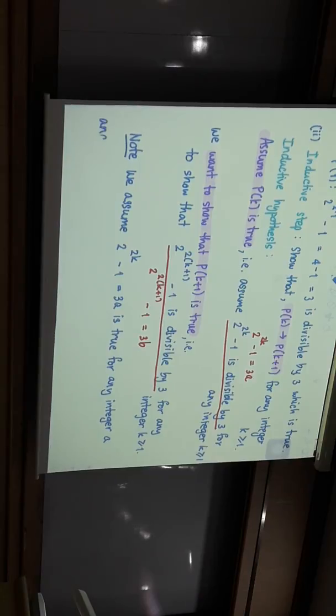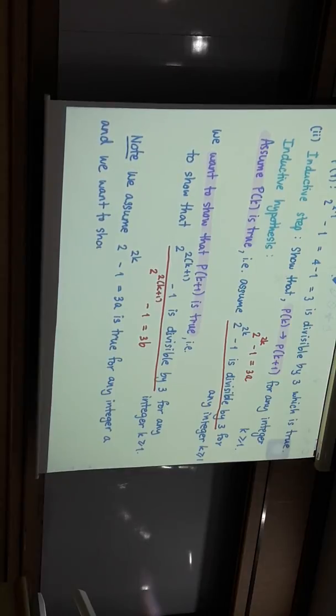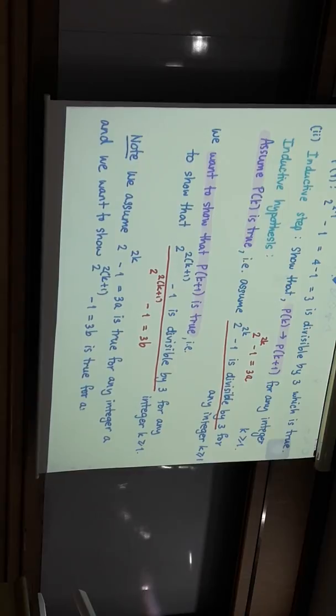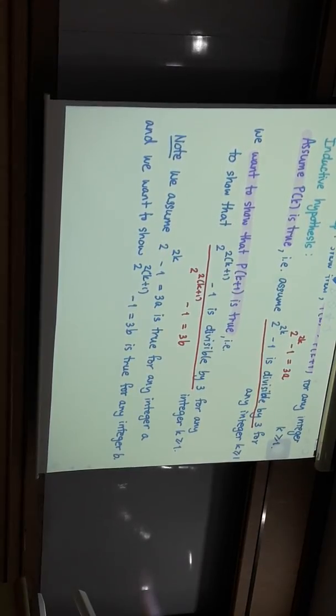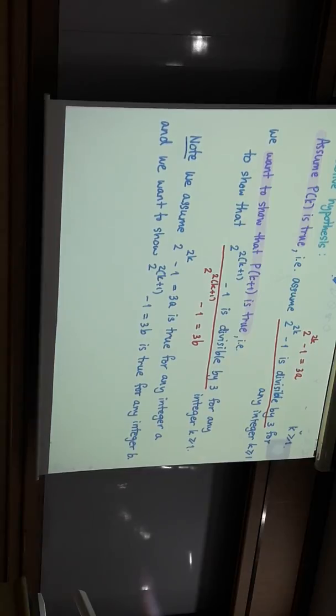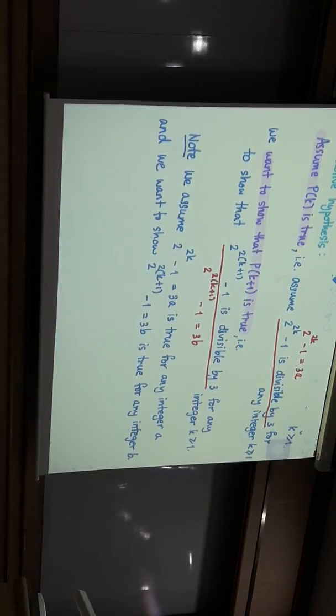And we want to show 2 to the power of 2k plus 1 minus 1 equals to 3b is true for any integer b. Okay, this is just to remind us what we would like to have at the end. Because we want to have divisible by 3, so that means it must be 3 times something.